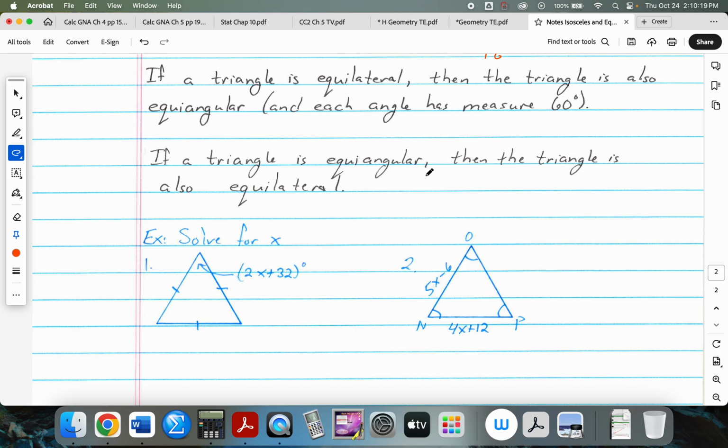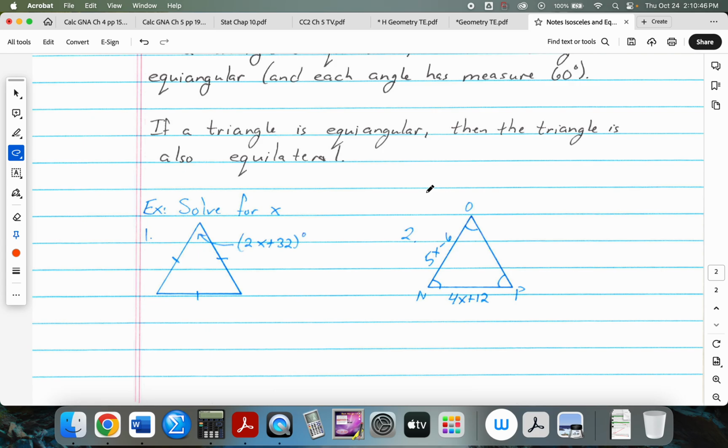All right, then if we extend this one step further, if a triangle is equilateral, where all the sides are the same, then all the angles are going to be the same. If it's equilateral, it's also equiangular, and each angle has a measure of 60 degrees then. Or if it's equiangular, we're going to know that it's also equilateral.